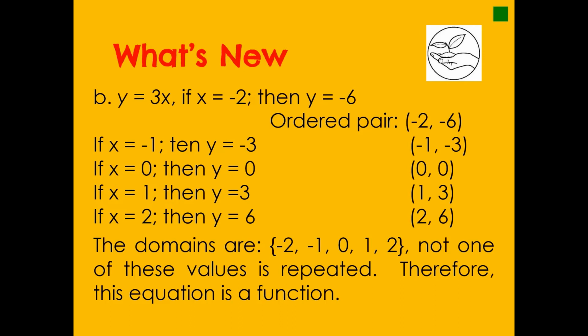If x is equal to 1, then y is equal to positive 3. (1, 3). If x is equal to 2, then y is equal to 6. (2, 6). The domains are negative 2, negative 1, 0, 1, and 2. Not one of these values is repeated. Therefore, this equation is a function.